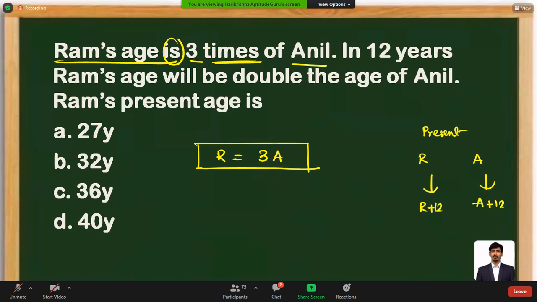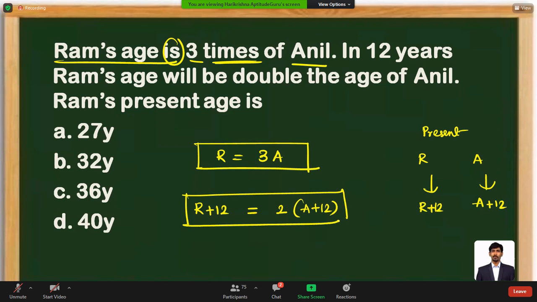Just keep this in mind. So Ram's age, that means R plus 12, equals double, 2 times Anil's age, A plus 12. This is what equation 2 requires. If you can solve these two, you will be able to get the answer.